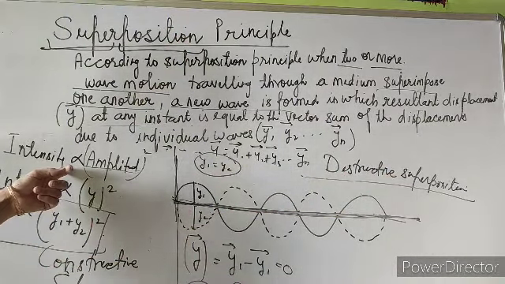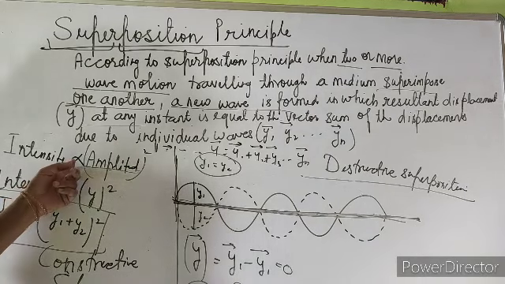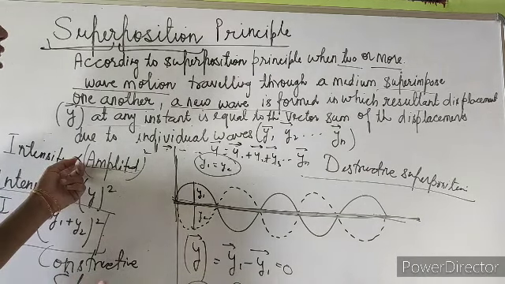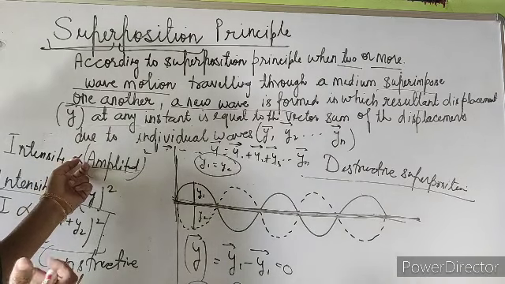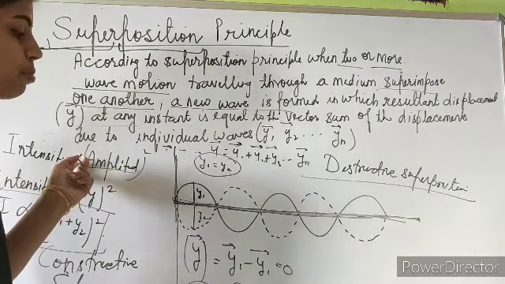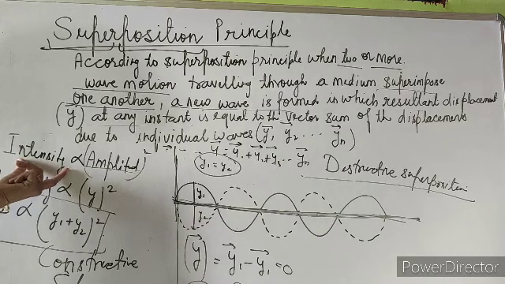And when the crest of one wave falls on the crest of another wave, then the resultant wave's amplitude would be equal to the vector sum of their individual displacements, and the superposition would be constructive superposition.